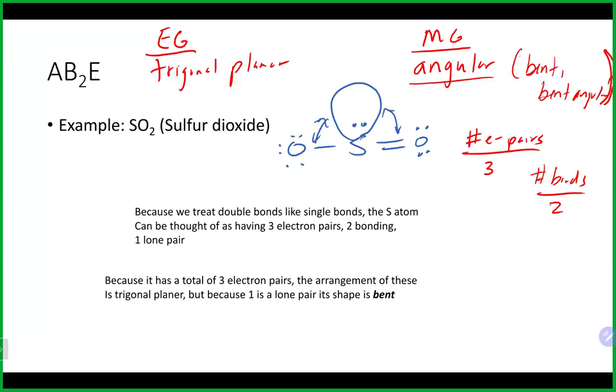As those non-bonding electrons move up, those bonding electrons are going to move down away from them and try to get away as far as possible. But we still have bonding near bonding, so they cannot get super close to each other either, because ultimately they don't want to be near each other either. So as those non-bonding electrons move up, those bonding electrons move, and since they have atoms attached to them, that is what gives us this sort of angular shape as they're moving away from each other.